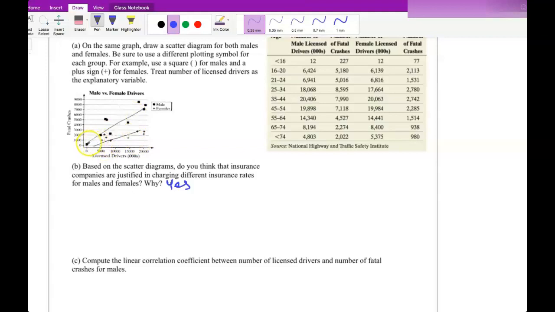And also we have a higher correlation coefficient. In other words, for example, here we can say this is 0.870 something, and here is 0.500 something. We're gonna calculate that, but for now, just based on the graph, the answer is yes.